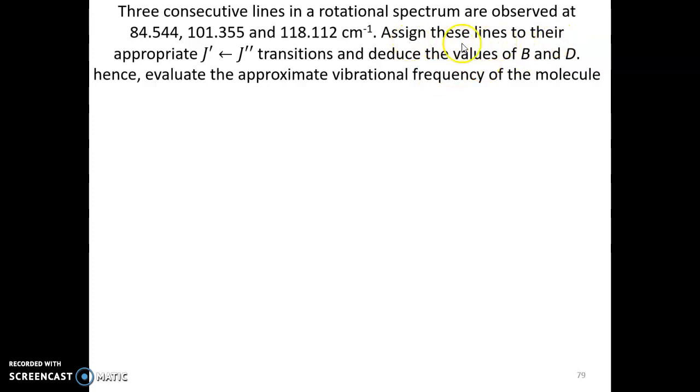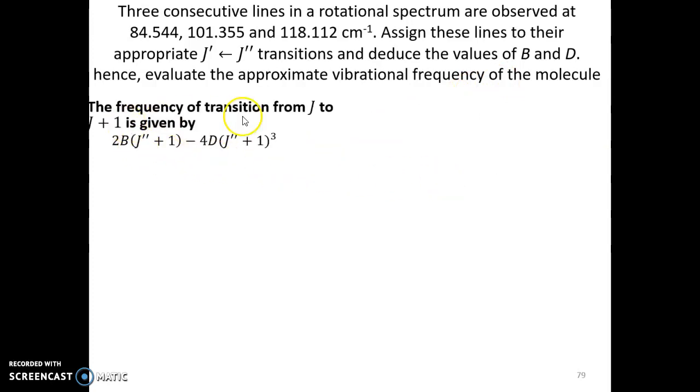The question is, assign these values to their appropriate J to J transitions and deduce the values of B and D, that's the rotational constant and the centrifugal distortion constant. So the frequency we know for J to J in the non-rigid approximation is given as 2B(J''+1) minus 4D(J''+1)^3.